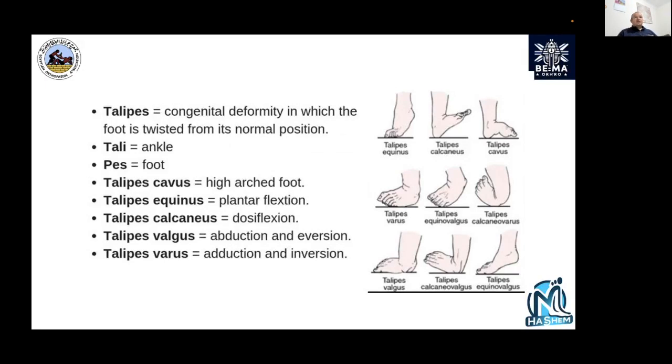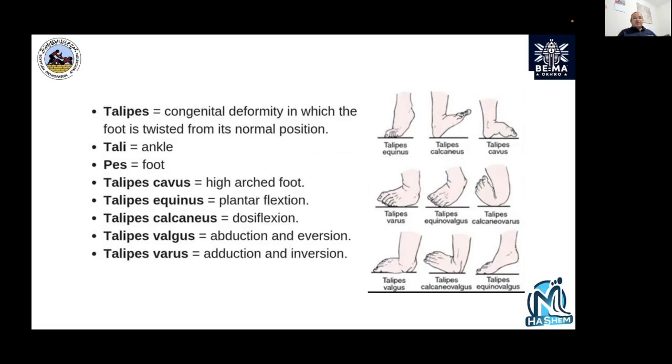All other deformities related to the foot, like the cavovarus we're speaking about today, like the pes planus or pes planovalgus we spoke about last lecture, are mainly deformities of the foot. The ankle is not involved. That's why we call it pes. So talipes means a congenital or acquired deformity, mostly congenital, which is affecting both ankle and foot. If ankle only, we call it tali, and if foot only, we call it pes.